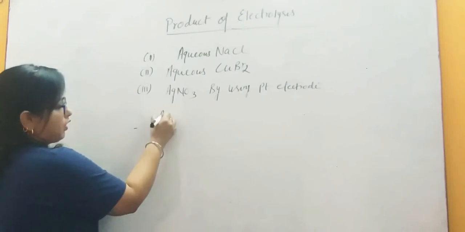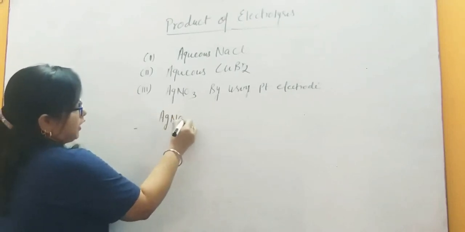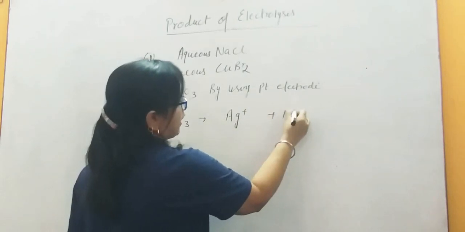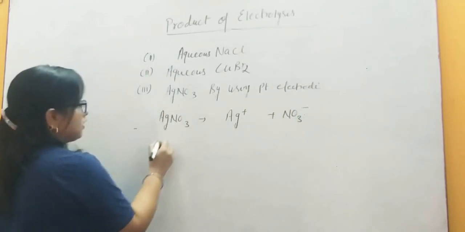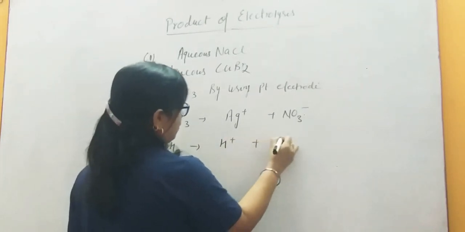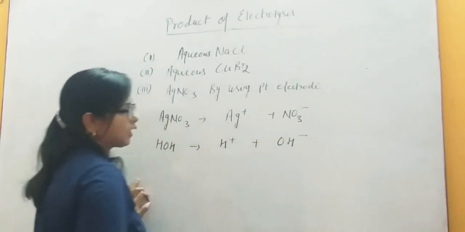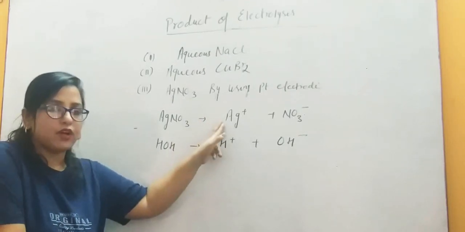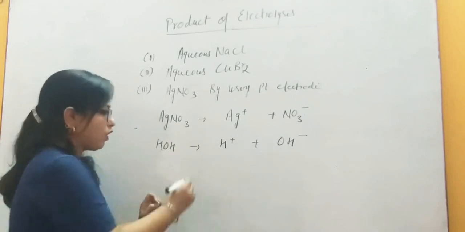So AgNO3 forms which ions? Ag plus and NO3 minus, and water makes H plus and OH minus ions. Now in these two ions, the reduction potential of silver is plus 0.80 volt.